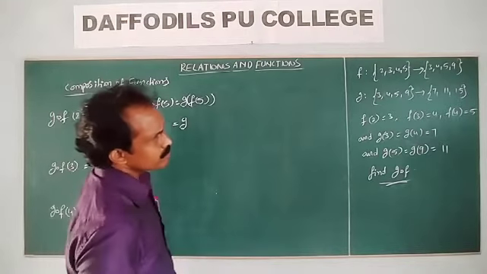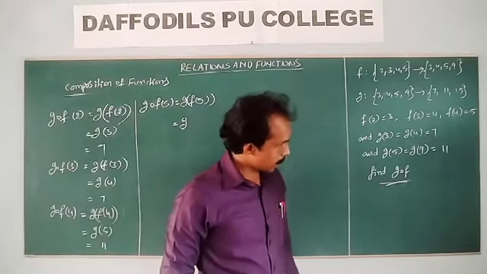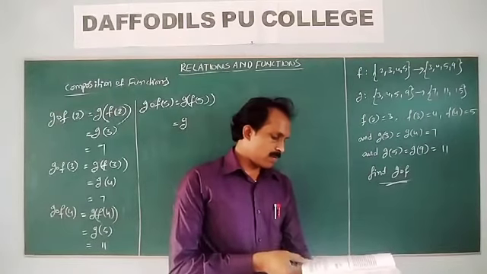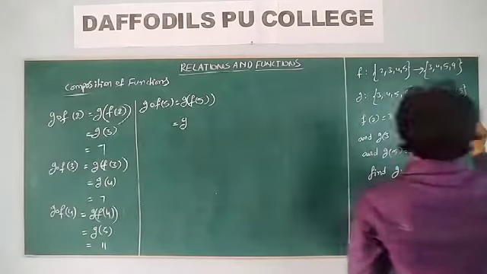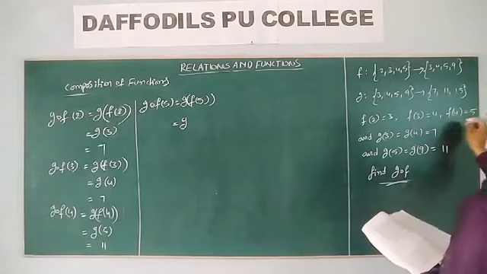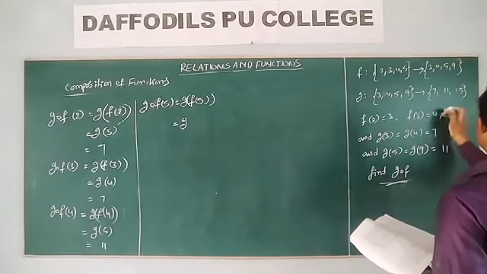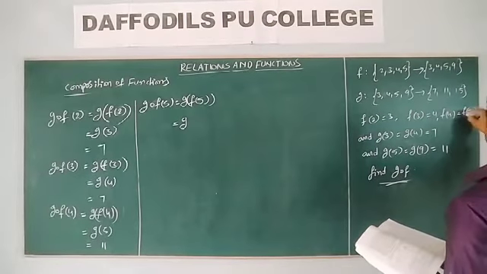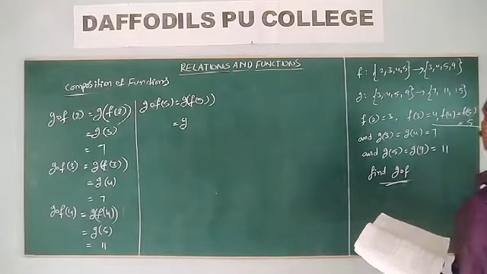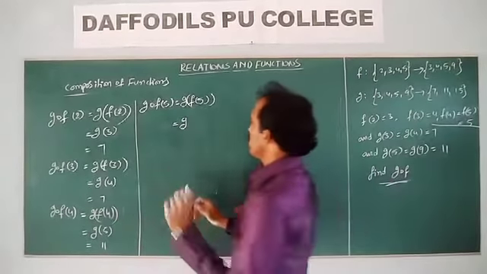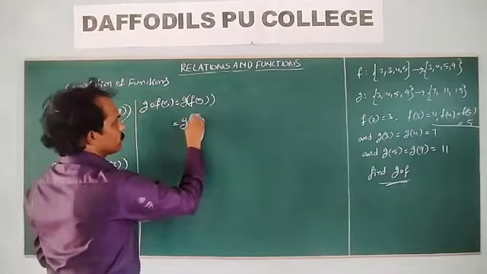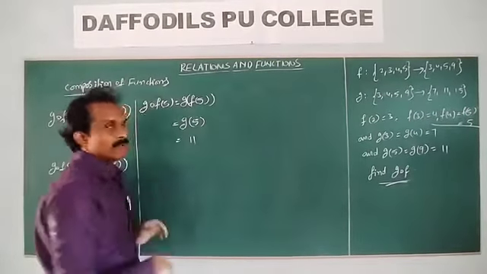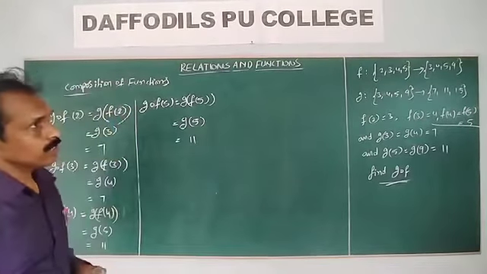Not given, but F of 4 and F of 5 values are also the same, 5. Okay. F of 5 value is 5 and G of 5 value is 11.